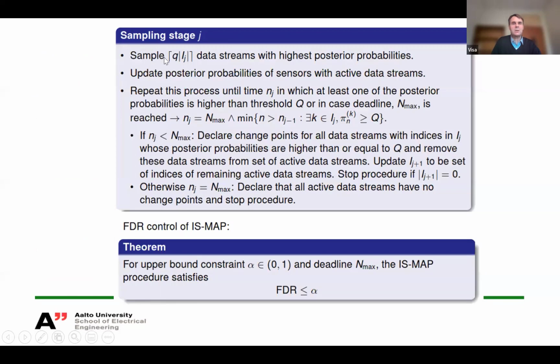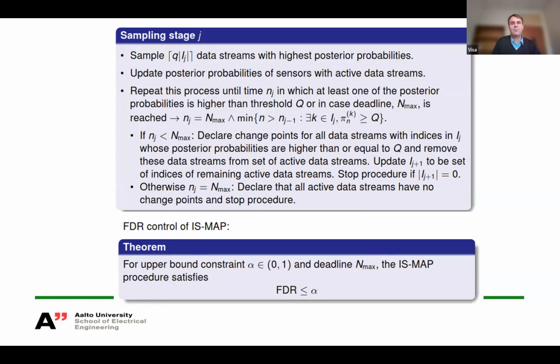So the sampling stage is described here. You sample a subset of these data streams that show the highest posterior probabilities. Every time you have received these local decision statistics, you update the posterior probabilities and then again choose the subset to be monitored.